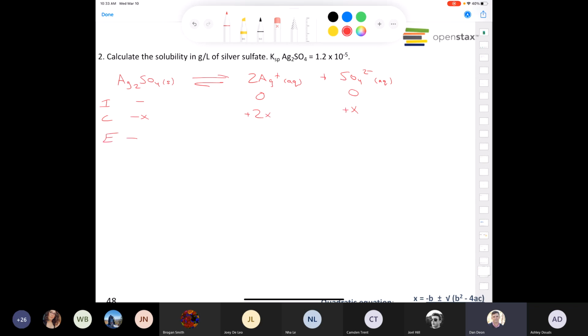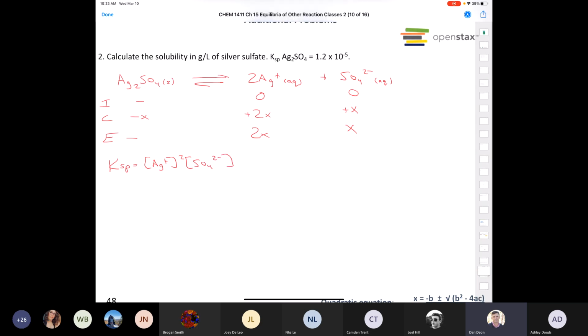And then at equilibrium, you're going to have twice as much silver ions as you do sulfate ions. The KSP is equal to the concentration of the silver ions squared times the concentration of the sulfate ions. We know that our KSP is 1.2 times 10 to the negative 5.